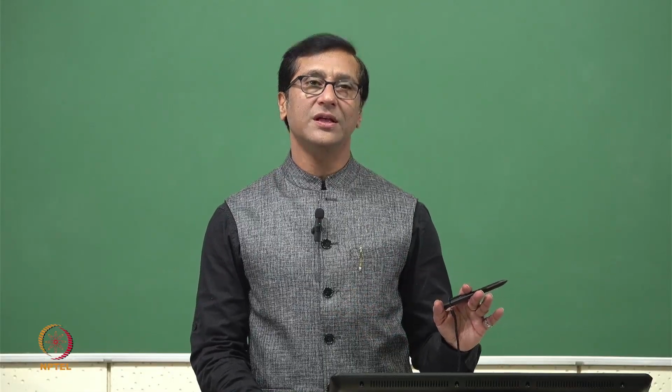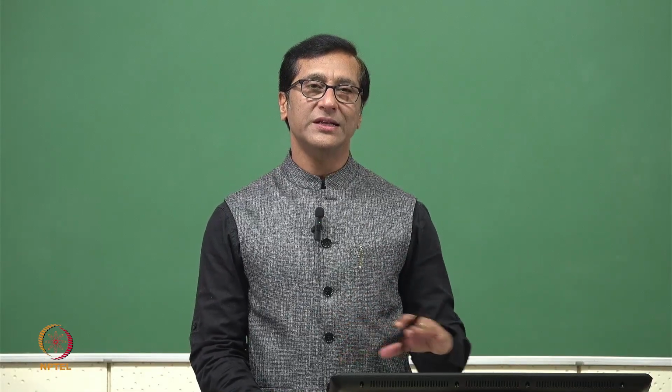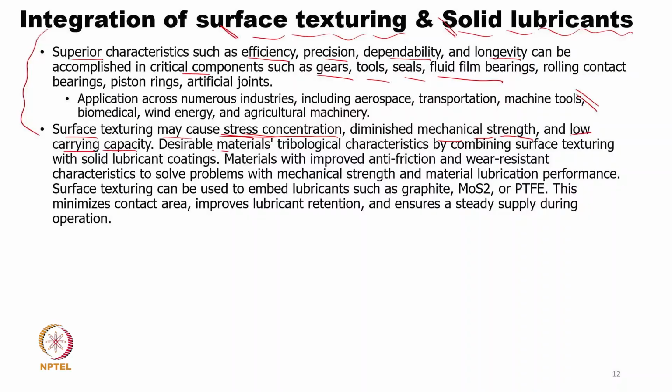So if solid lubricants are filling all the valleys, that overall will give good results. That's why I say we can get desirable tribological characteristics by combining surface texturing with a solid lubricant coating or solid lubricant itself. Material with improved anti-friction and wear resistance characteristics solves the mechanical strength and lubrication performance issues.